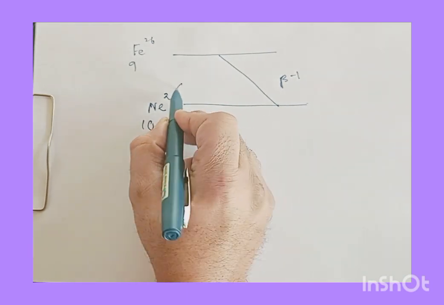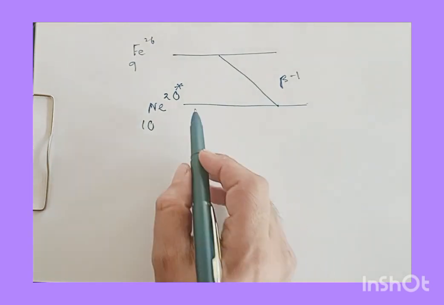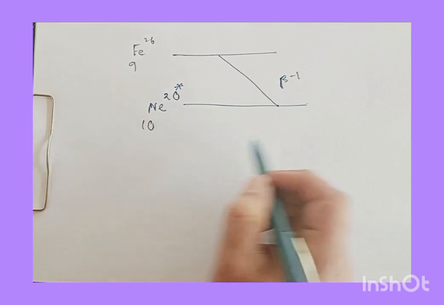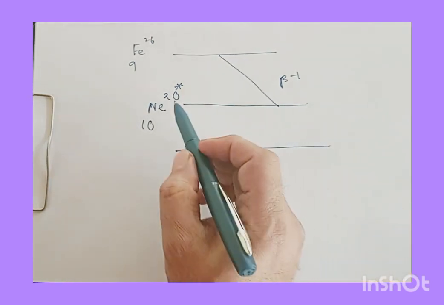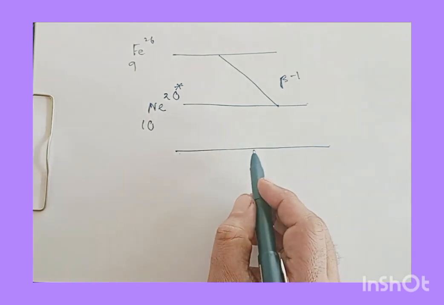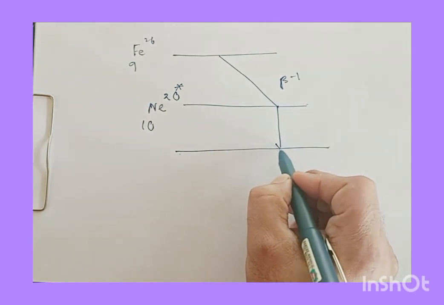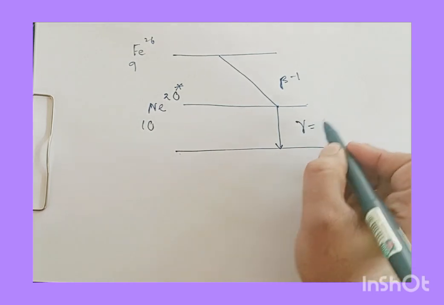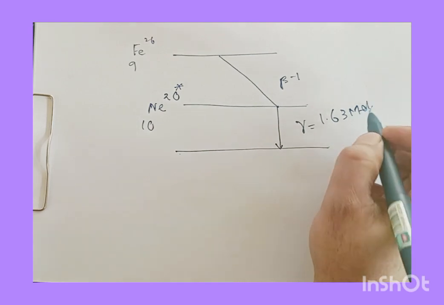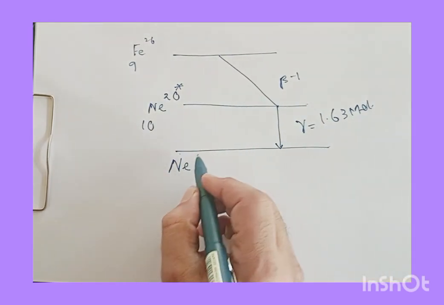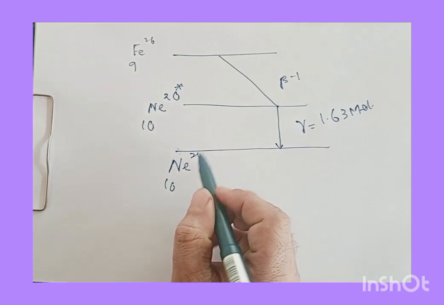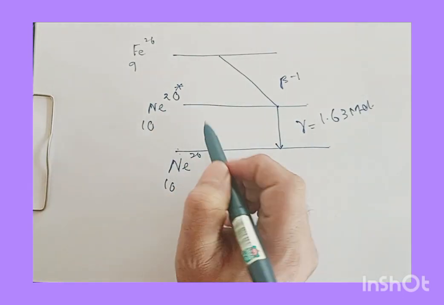For 20, I put a star here to make sure that the neon we have is in excited form. Then this neon goes into the ground state, and it emits energy of nearly 1.63 mega electron volts. So this is the ground state of neon, and this is the excited state of neon.